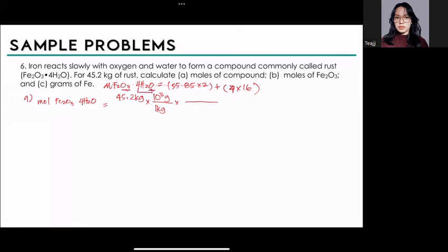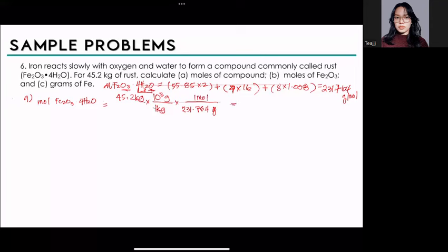So, dapat 7 plus 8 kasi 4 times 2. 8 times 1.008 grams per mole, which will give you 231.764 grams per mole. So, lalagay natin yan dito sa baba, 231.764 grams per 1 mole of the compound.